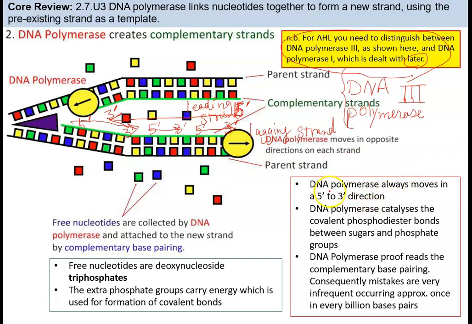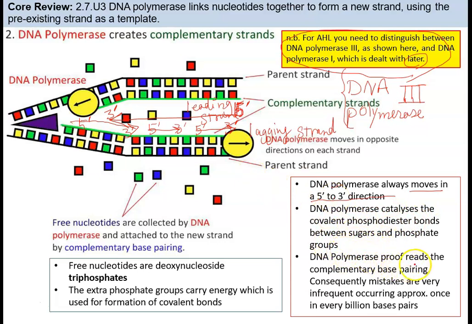And as you see over here, the DNA polymerase always moves from 5' to 3'. The movement is 5' to 3', and then it catalyzes the covalent phosphodiester bonds between sugars and phosphate groups.